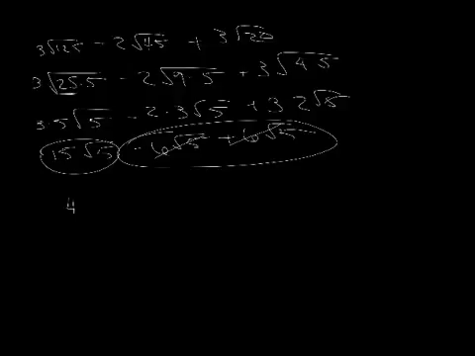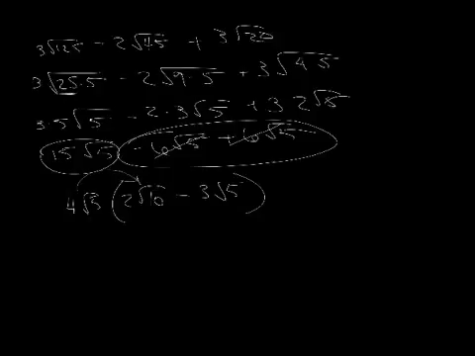17, 4 square root of 5 times 2 square root of 10 minus 3 square root of 5. We're going to first of all distribute these. That here and that there. So I get 8 square root of 50, multiplication, you can do anything. 4 times 3 is 12, square root of 5 times square root of 5 is the square root of 25, which is 5.